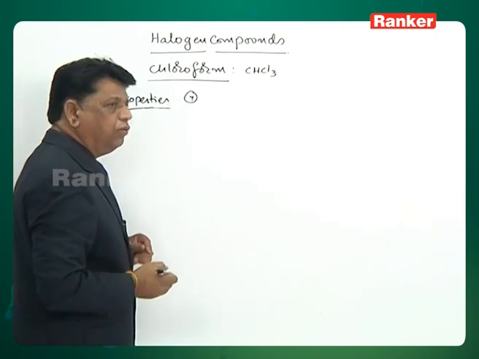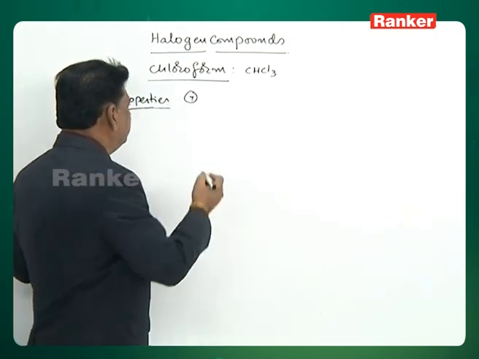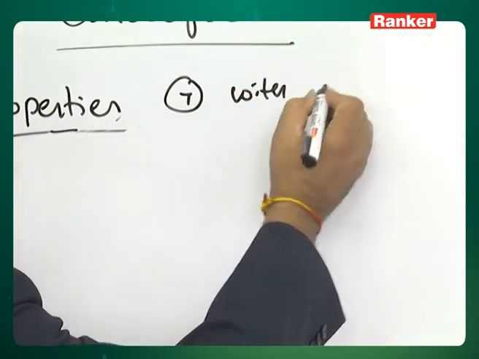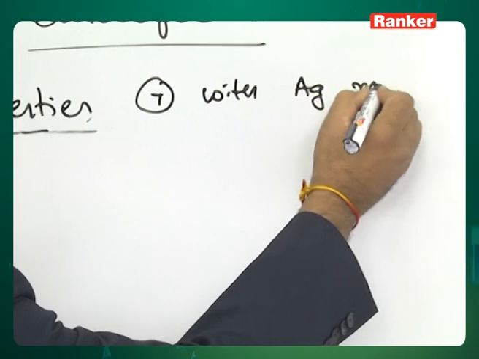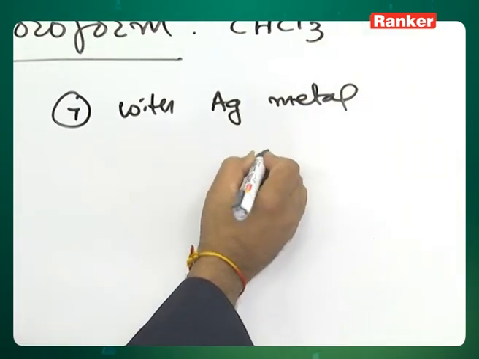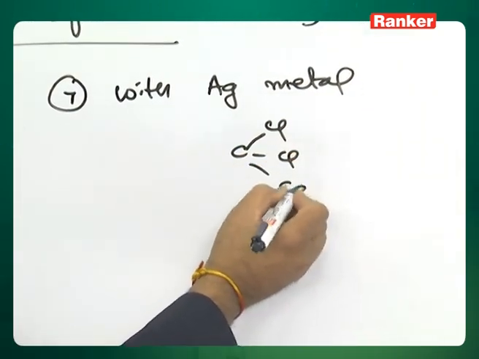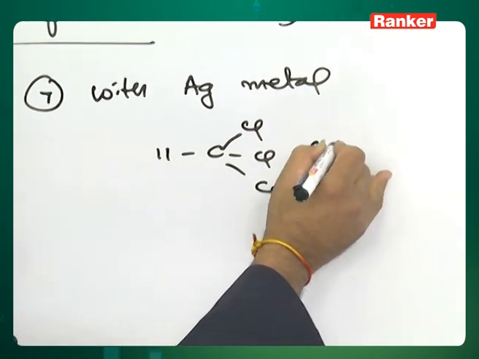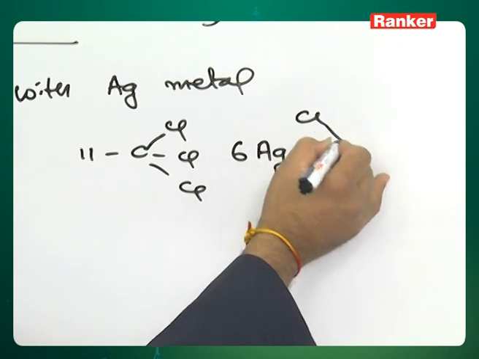In fact, chloroform also reacts with silver metal, undergoing a coupling type of reaction, or other halogen containing trihalo compounds with 6 silver atoms will combine like this.